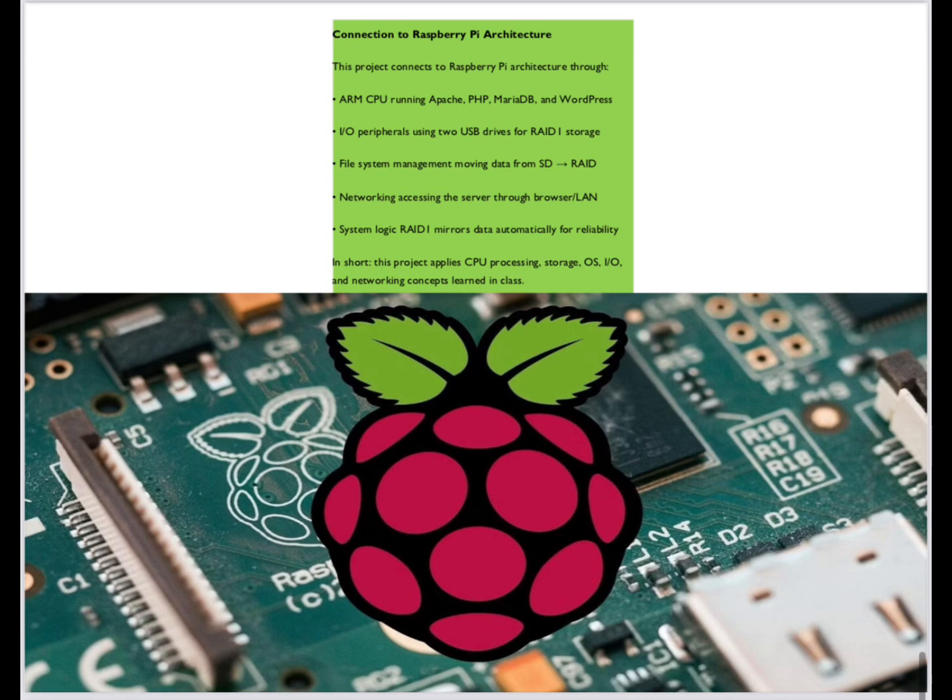Finally, networking. My Raspberry Pi hosts the WordPress site and I accessed it through the browser via local IP. This showed how packets move through the network interface, how Apache listens on port 80, and how HTTP requests travel from client to server and back as a response.